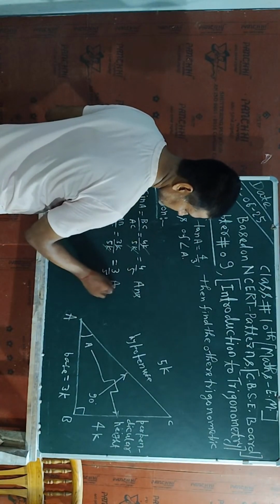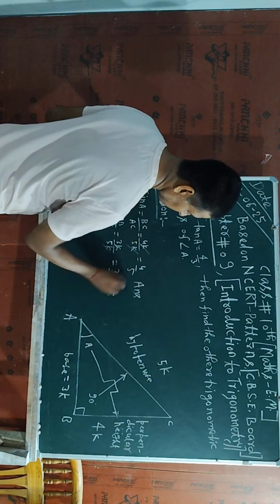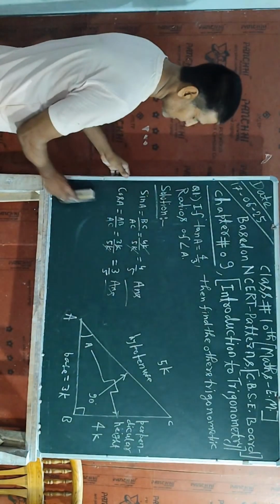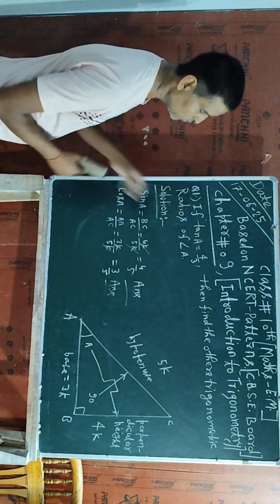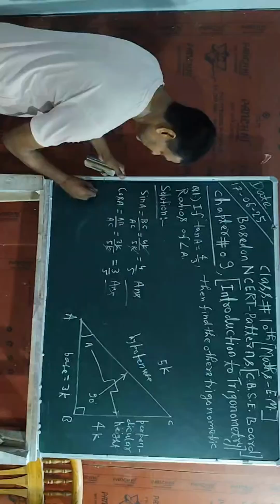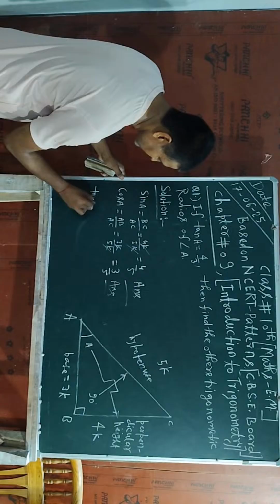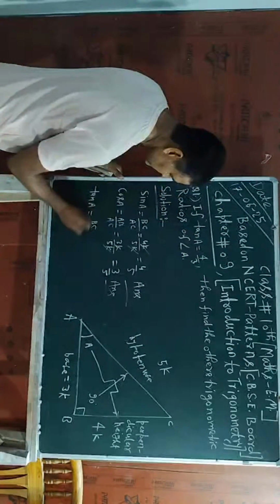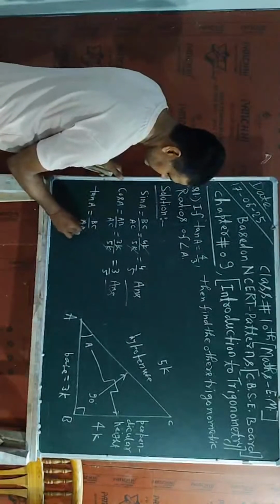So this is also an answer. Similarly, I will get the value of tan theta. The value of tan theta is already given here: tan theta is equal to 4 divided by 3. Now let us check whether it comes the same or not. So tan A is equal to BC divided by AB.